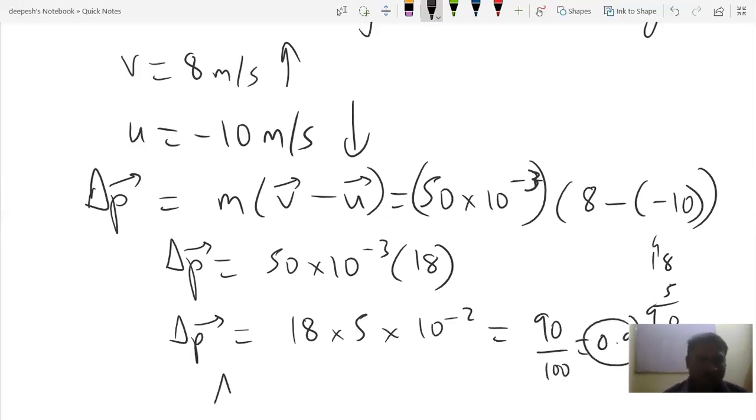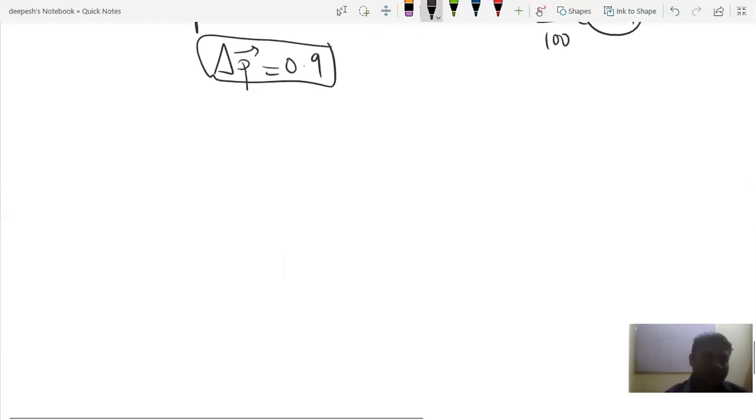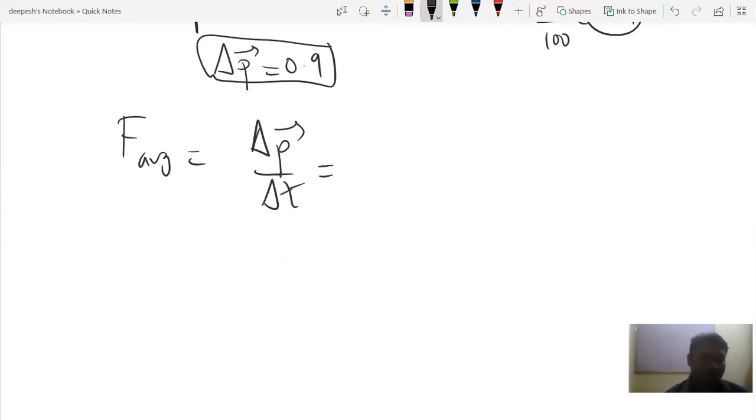So change in momentum comes out to be 0.9. Now, to calculate the average force, it is change in momentum upon change in time. So change in momentum we got, it is 0.9, and time we are given, it is 0.02.